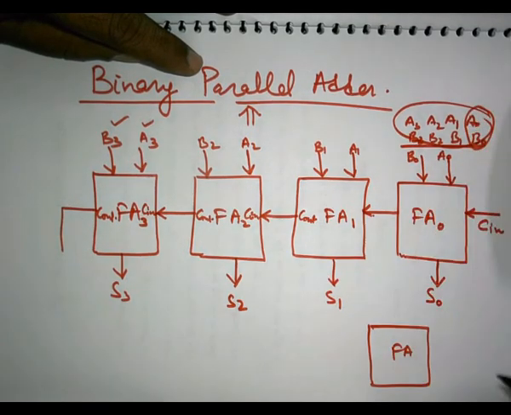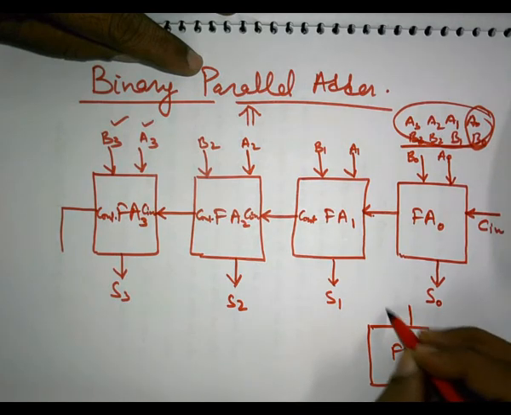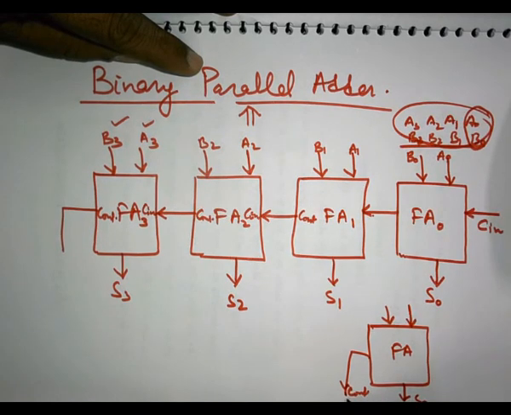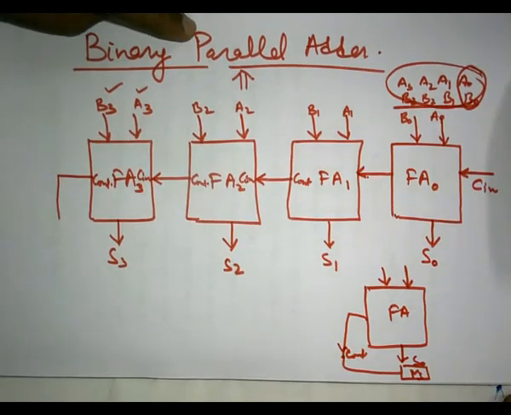I will apply this LSB bit at this full adder. Okay. I will find what is the sum as S0. I will find what is carry out, and I will store this carry somewhere in the memory. Okay.